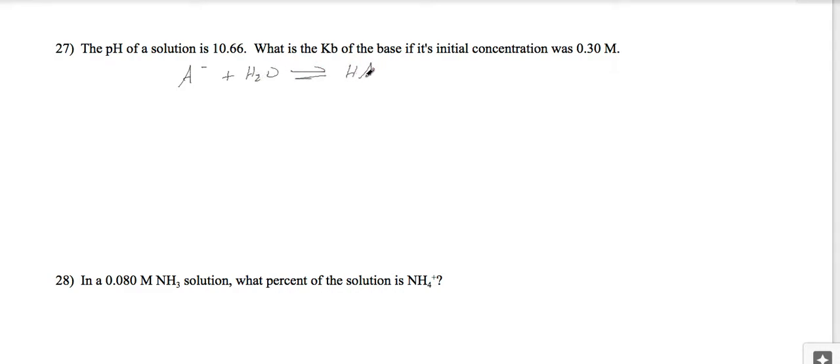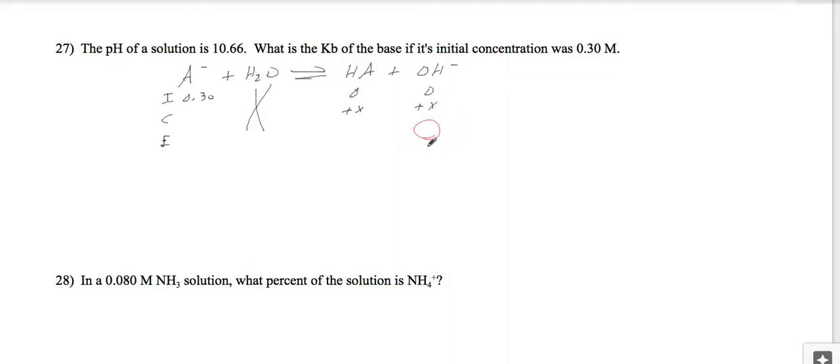We get HA on this side, hydroxide there. So here's my ice table. I end up starting with a concentration of 0.30. Water goes away here. And we have the concentration of our equilibrium hydroxide. These are 0, 0, plus X, plus X. So if we have this, we also know what X is.